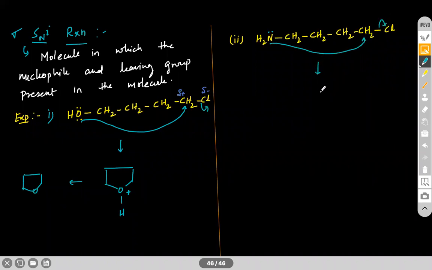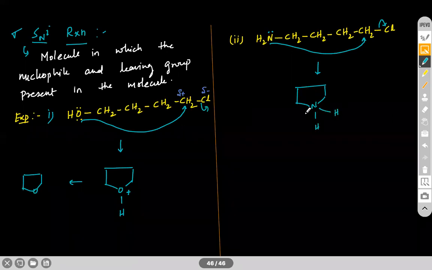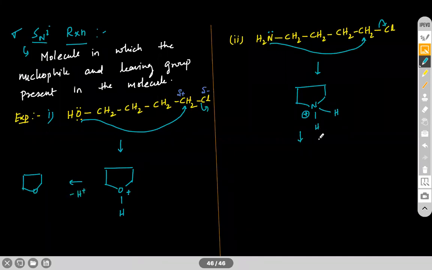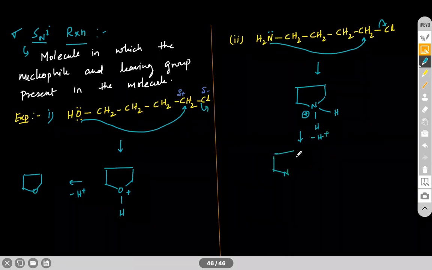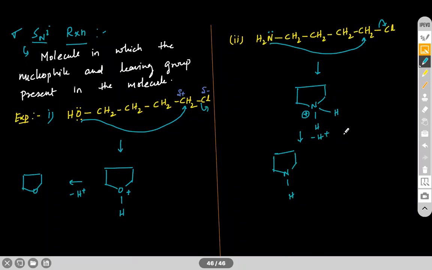So again you see we'll get a 5-member ring in which nitrogen is present in the ring itself. The positive charge on it. And the last step, H plus comes out, minus of H plus here and minus of H plus here. The final product is this. Understood?